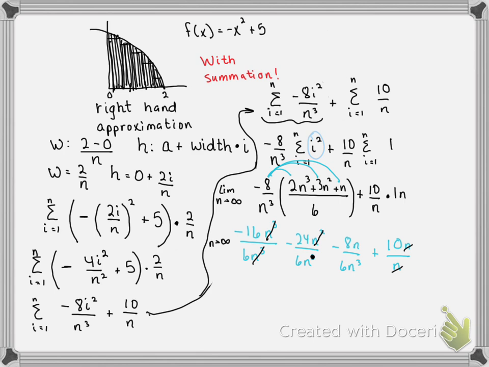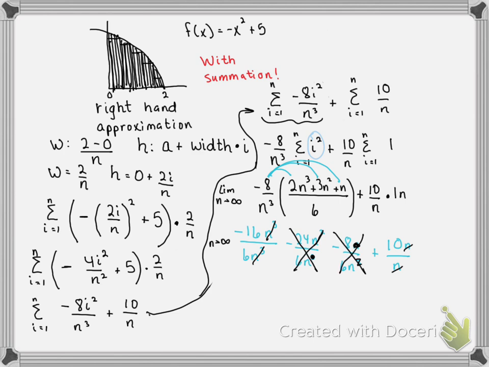One of these n's, this n will go away and take 1 of those with it. But if you remember, if n goes to infinity, 8 divided by infinity is 0. So in other words, anytime we end up with no n's in a numerator, but we do have some in the denominator, those are the terms that equal 0.